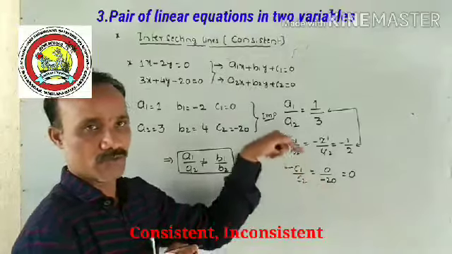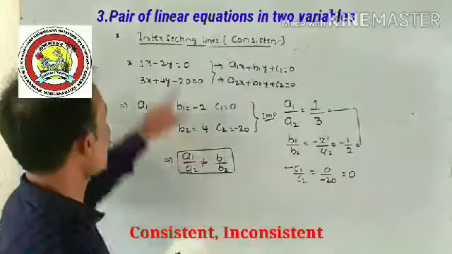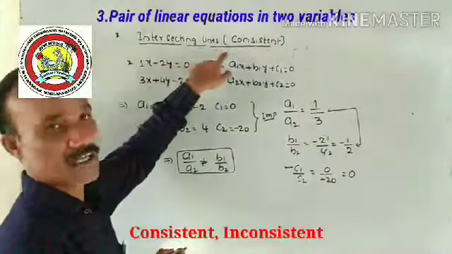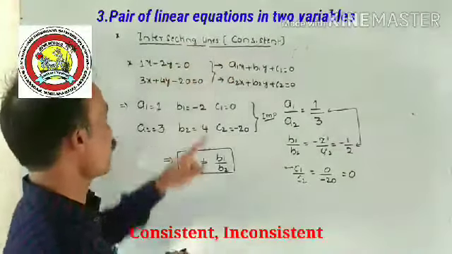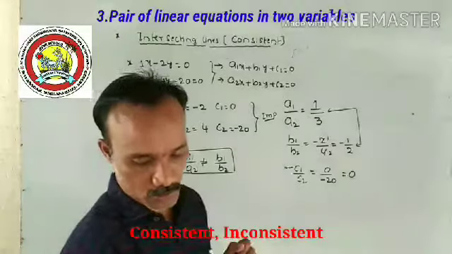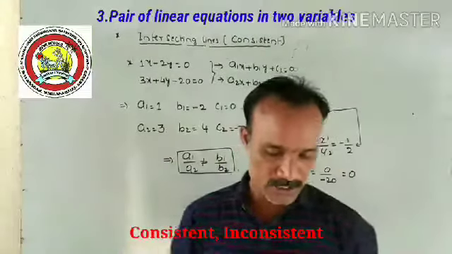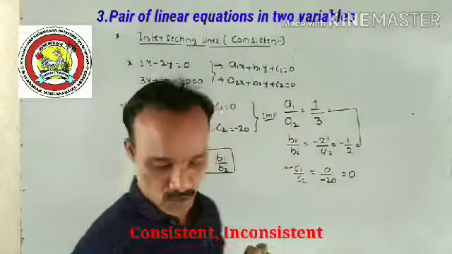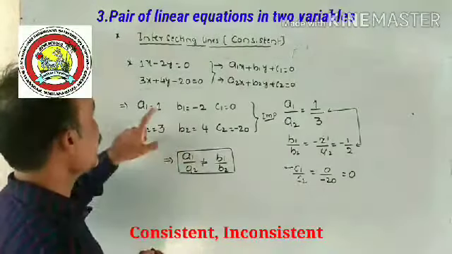That is very important. This is the condition for intersecting lines. What is the condition for intersecting lines? a1 by a2 is not equal to b1 by b2. Then you can say that these two equations are intersecting lines.